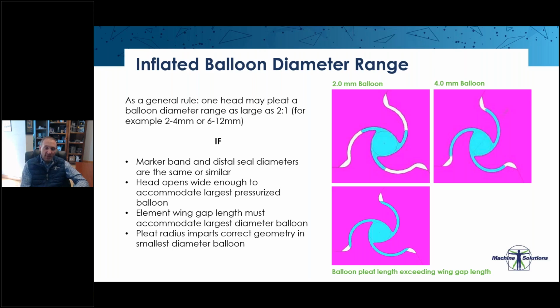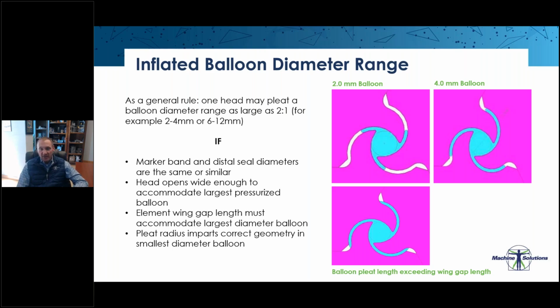But then that might create a pleat that's very short on the lower end of your balloon diameters. That can be difficult to lie down in the right direction as it's folded repeatedly, and that can lead to a backfold in that smaller pleat.